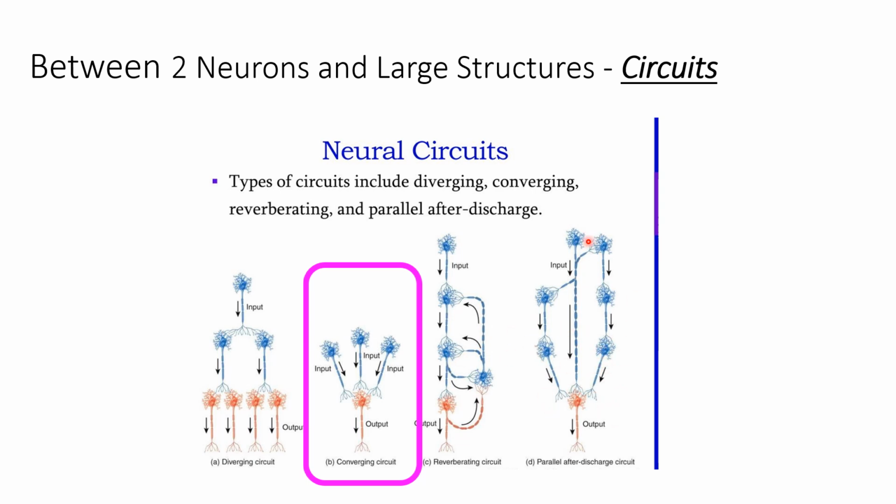So I don't tend to study these as much as these two. These two are huge. These two are a little more specialized, and have some discrete functions, like in some cases heart rate, or the way that the heart regulates a delay between the atria and the ventricles. But again, that's beyond the scope of this course. So focus on diverging and converging.